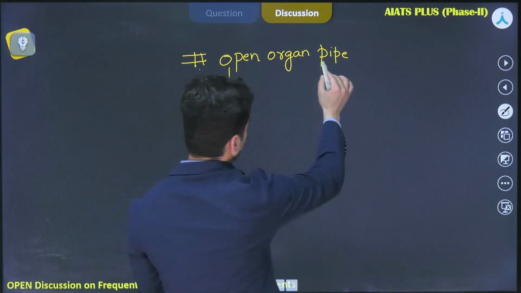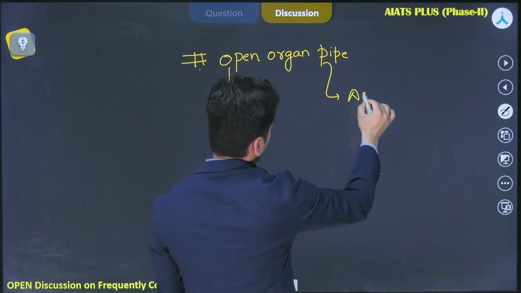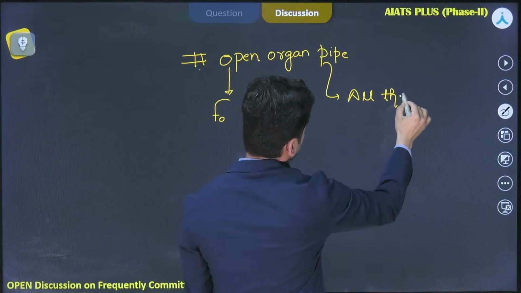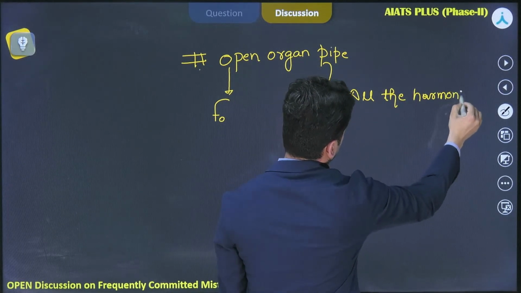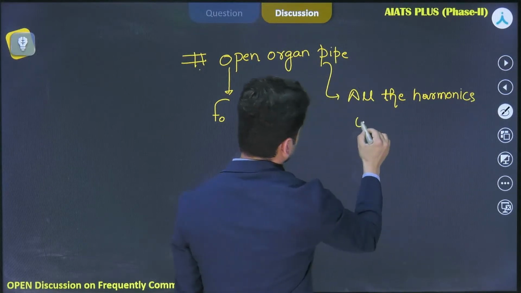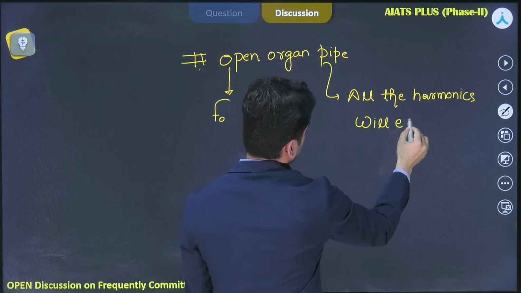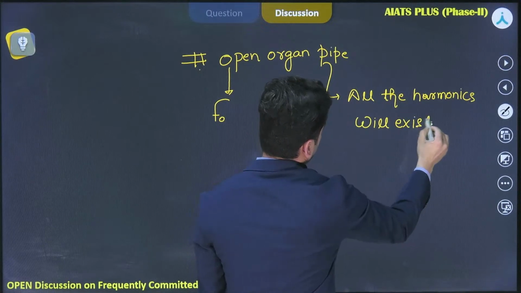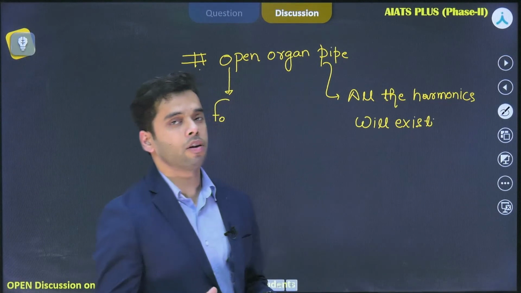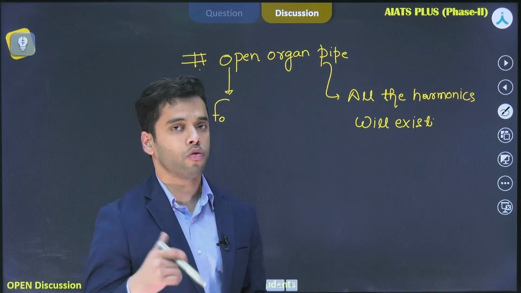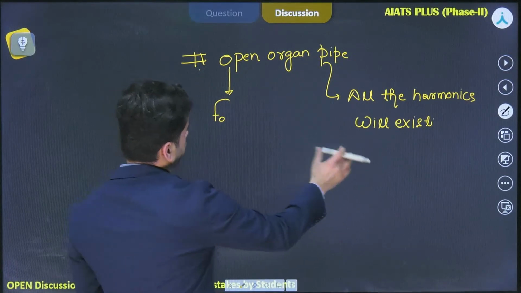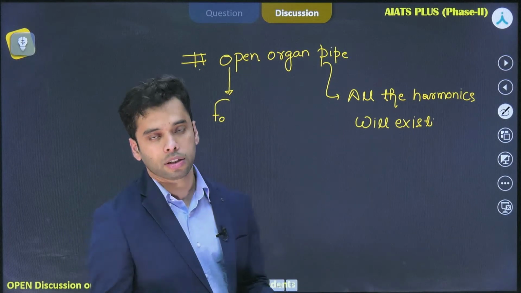Here, for the open organ pipe, all the harmonics will exist. From this section, you will definitely get one question in your actual examination, because it is very important from the chapter of waves.